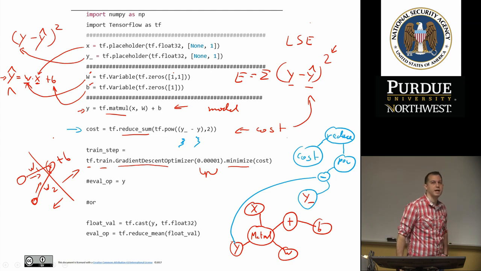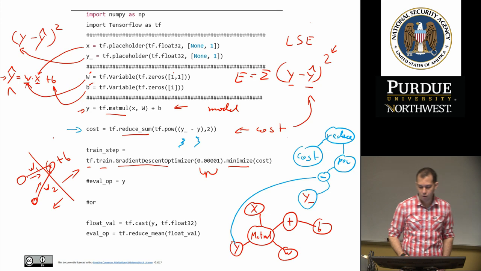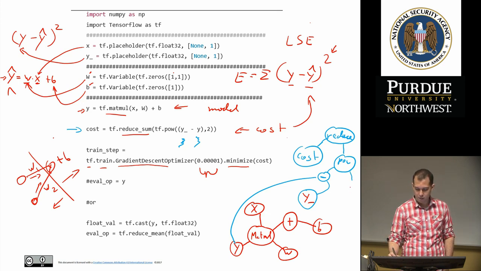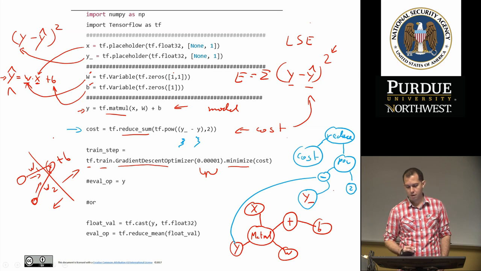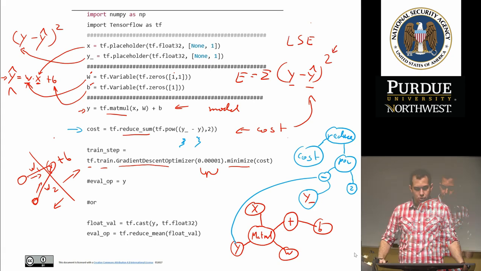So there's your graph. That is your computational graph, and we define all of this via the code. Pow actually is associated with a 2 here, and so on. So this is the way that we build code, and then the code can represent a computational graph.